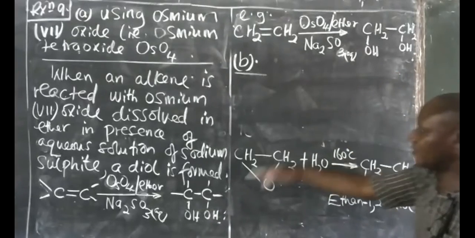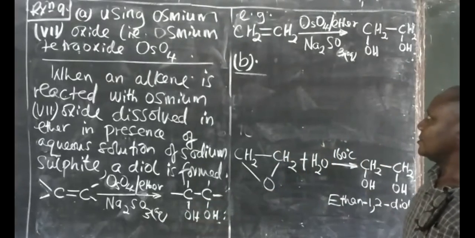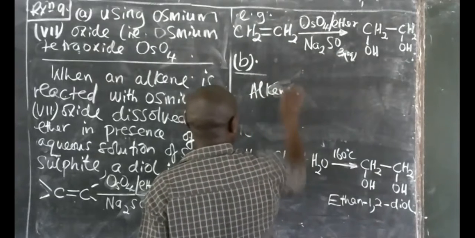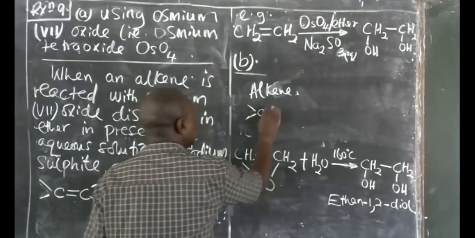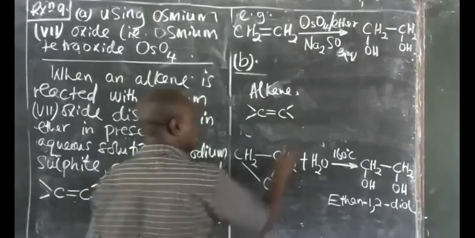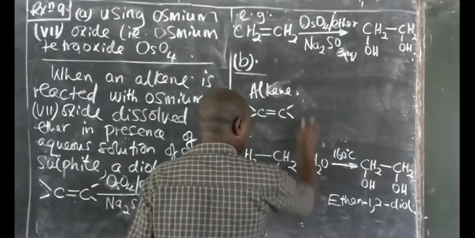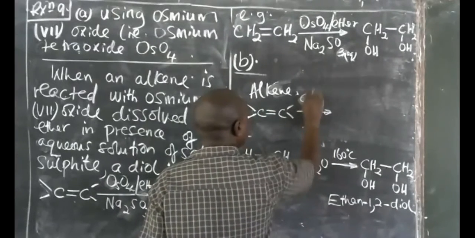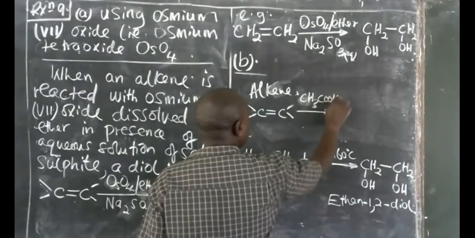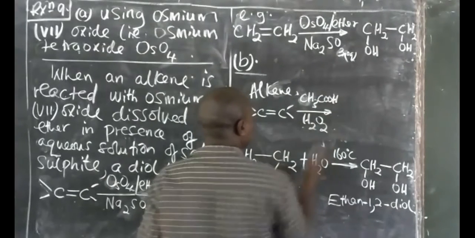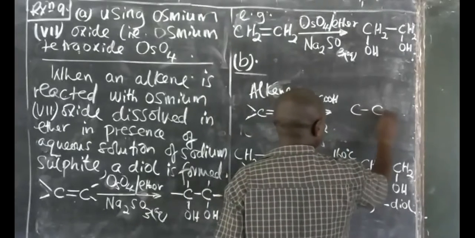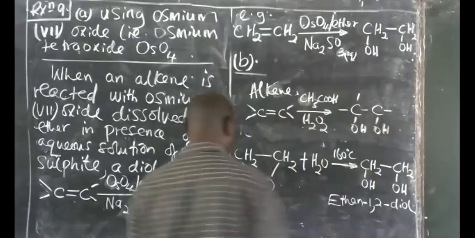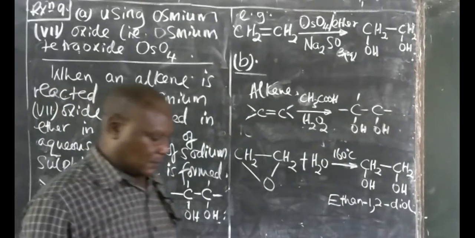The alkene is going to give us a diol. For example, C double bond C plus CH3COOH in the presence of hydrogen peroxide, you end up with C-OH and C-OH.